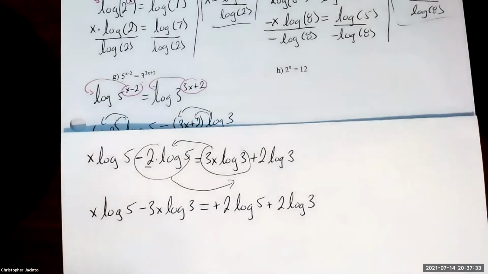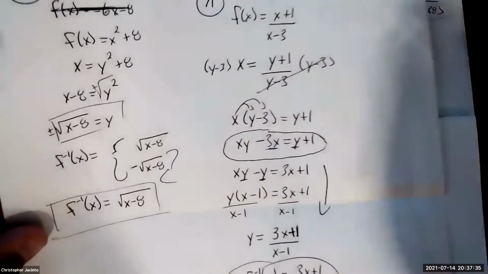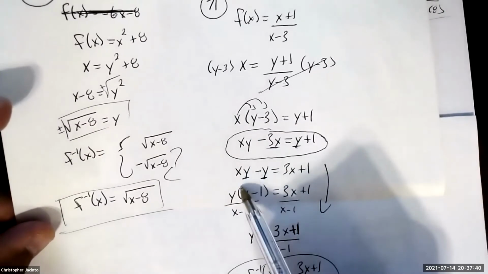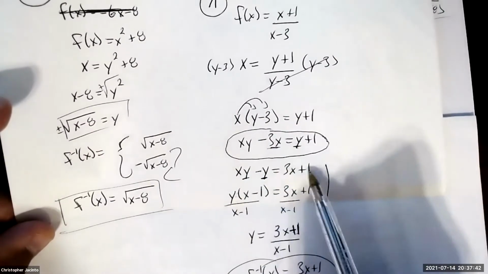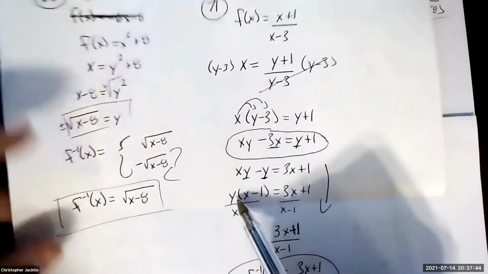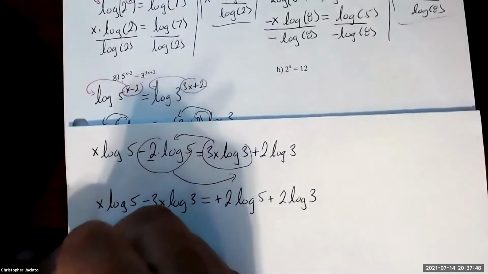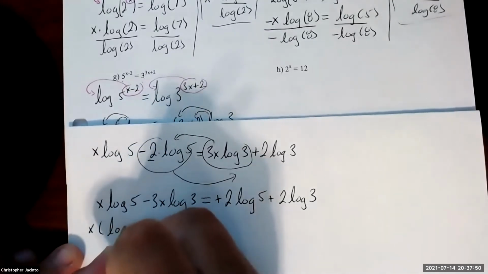Notice it's exactly the same template as we have here. We had y's on both sides, so the next step is we factored it out. We cannot do anything on this side, so we factored out. That's exactly what I'm going to do now here. I'm going to factor out the x. So now it's going to look like this.